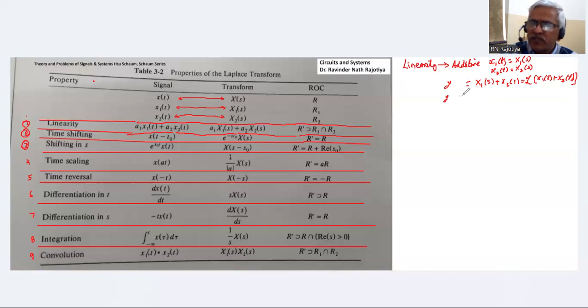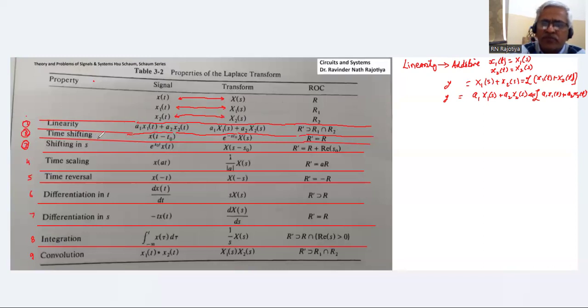Accordingly, the Laplace of a1 x1(t) plus a2 x2(t) is a1 X1(s) plus a2 X2(s). So it follows the linearity principle. So the first property is the linearity.